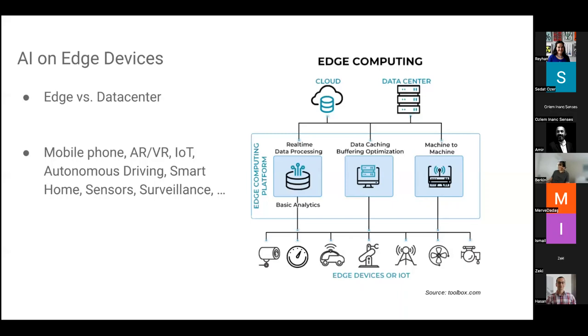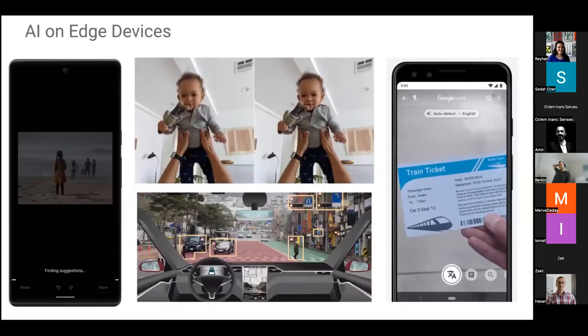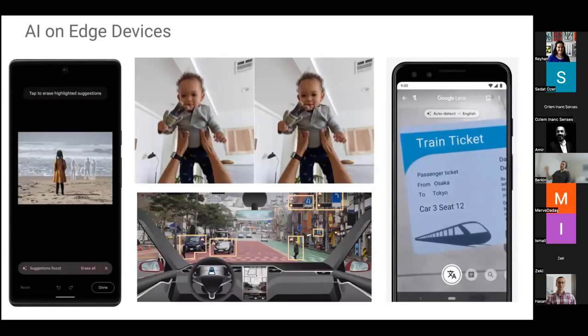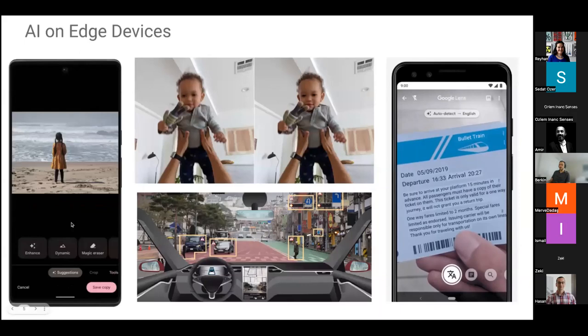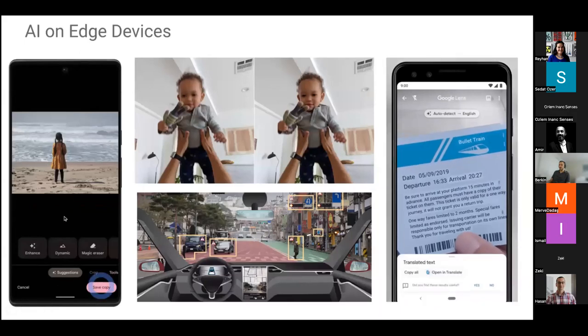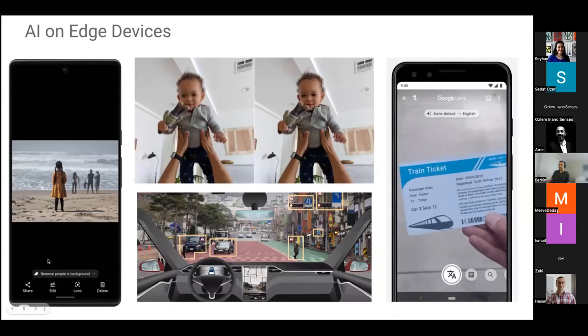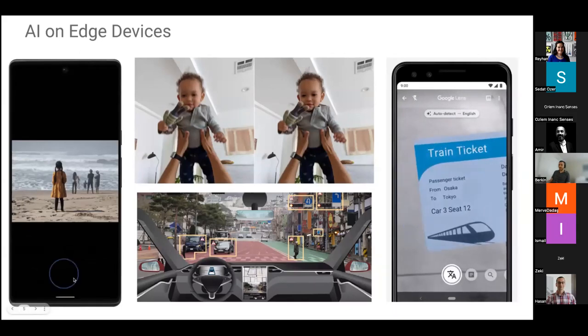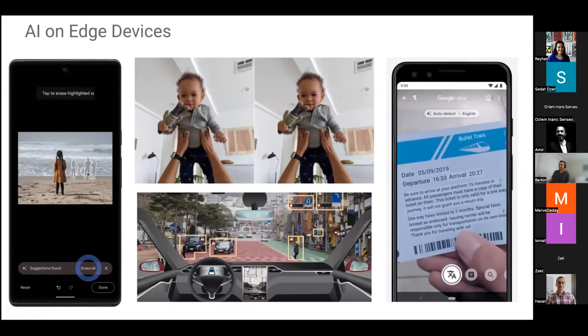But we are seeing a trend where AI workloads are being pushed to the edge, right? I put together some examples of this. There are many more, but on your mobile phone today, for example, you could take a picture and tell your phone to remove people in the background, and then it can detect and remove them.